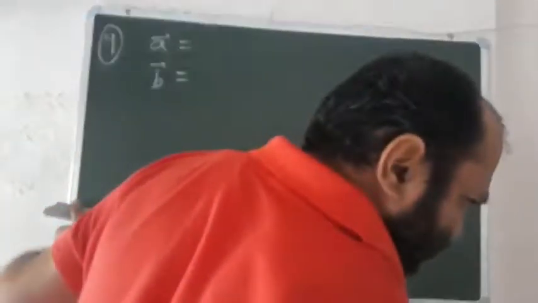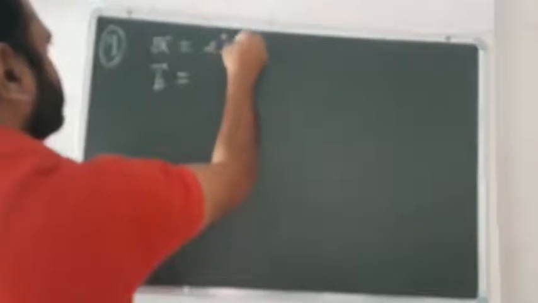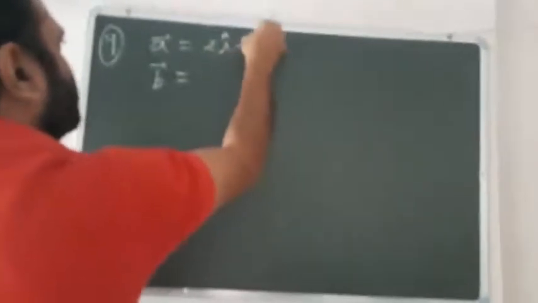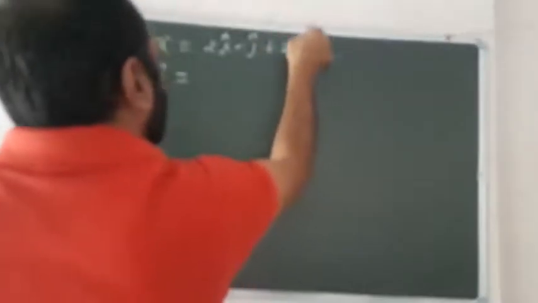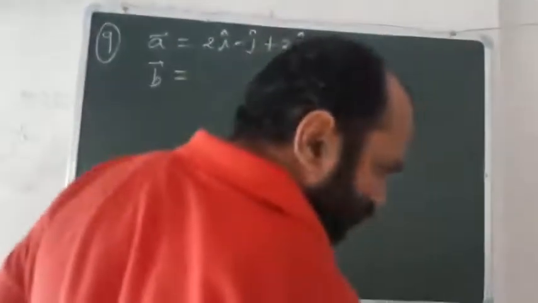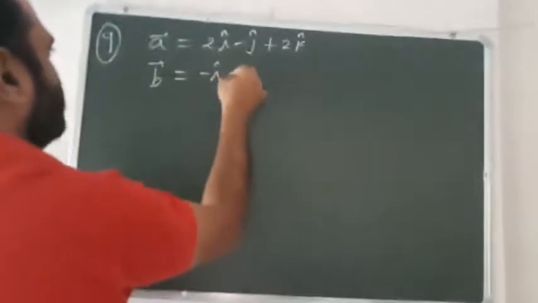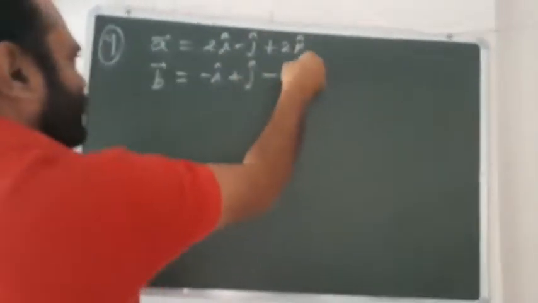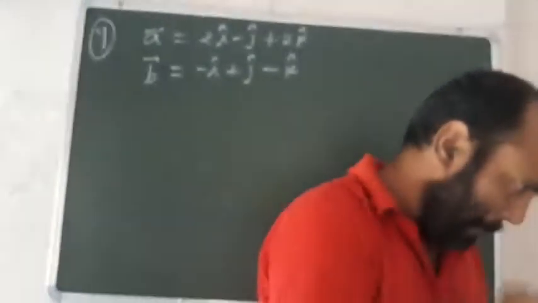A vector is 2 i cap minus j cap plus 2 k cap, and the b vector is equal to minus i cap plus j cap minus k cap. So these are the two vectors given.